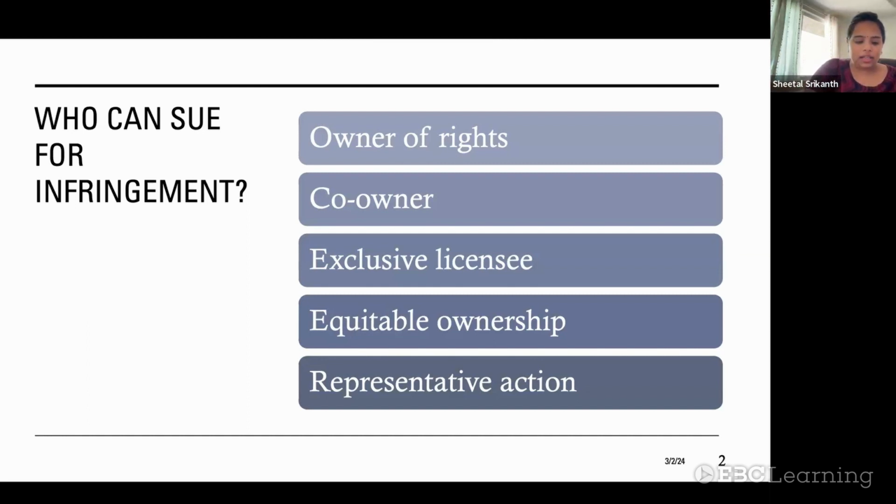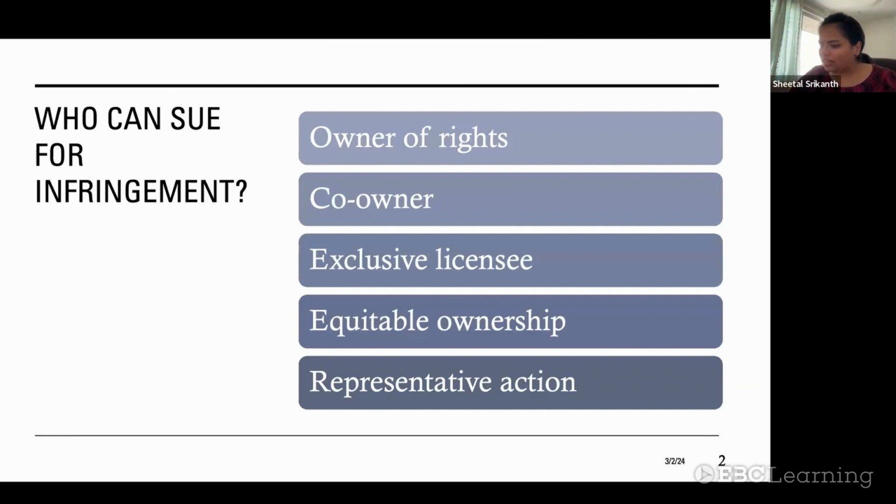And these owners have all basically transferred to PPL the right to represent them in various capacities. So sometimes these copyright societies are able to bring representative action on behalf of the owners of the copyright.